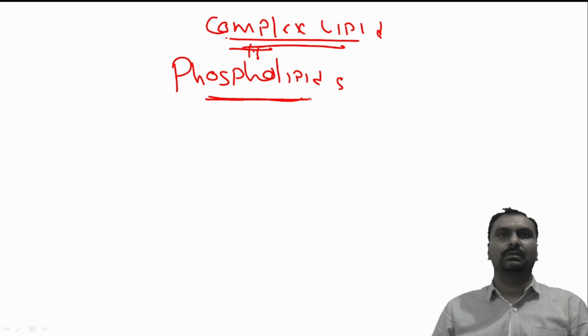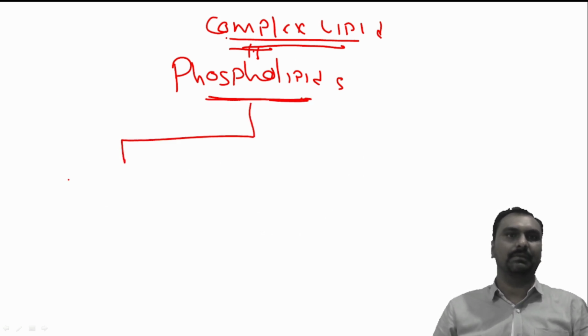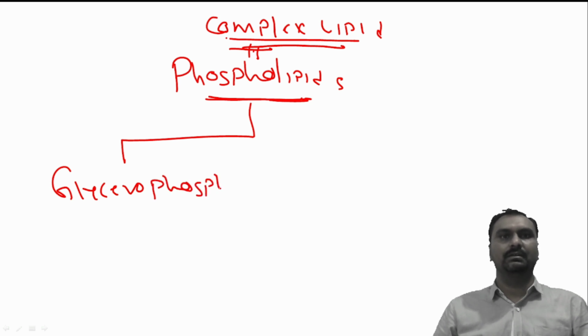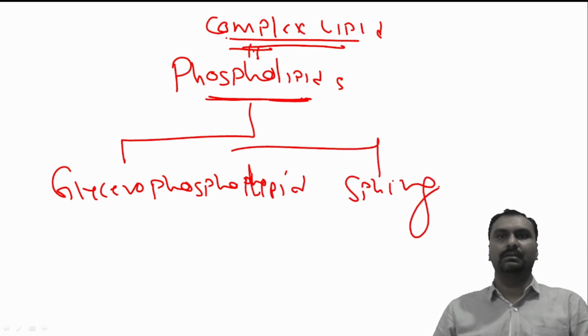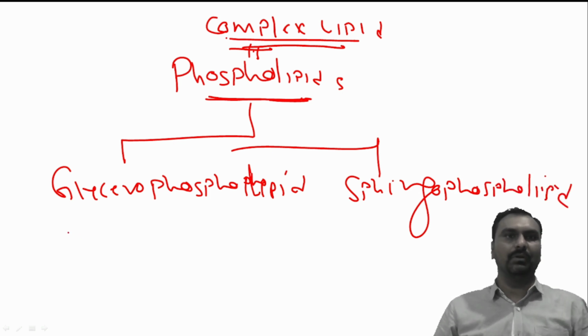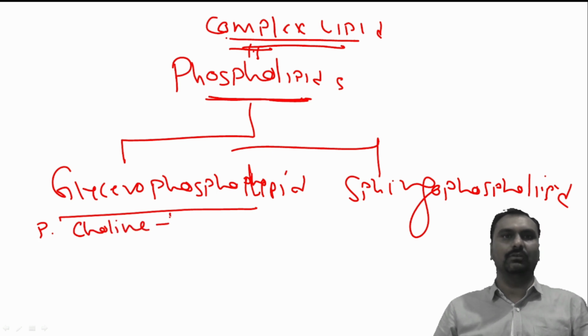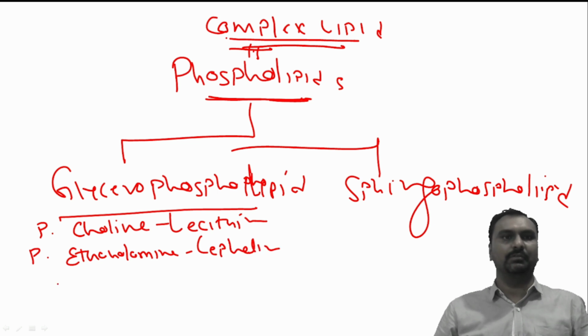This phospholipid is further subclassified into glycerophospholipid and sphingophospholipid. The example of glycerophospholipid is phosphatidylcholine, which is also called lecithin. Then phosphatidylethanolamine, which is also called cephalin.